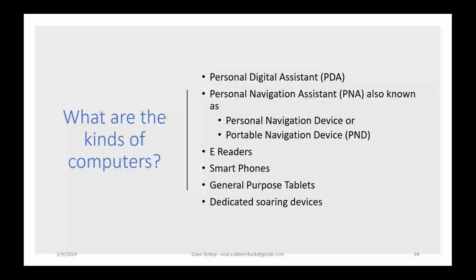These had their own little GPS in them. They had mapping display or mapping capability. The nice thing is that they were running on a common operating system. It was a Windows mobile system, and they could be programmed like a regular computer. So we were able to get those up with soaring computers running on them, and it was kind of nice.